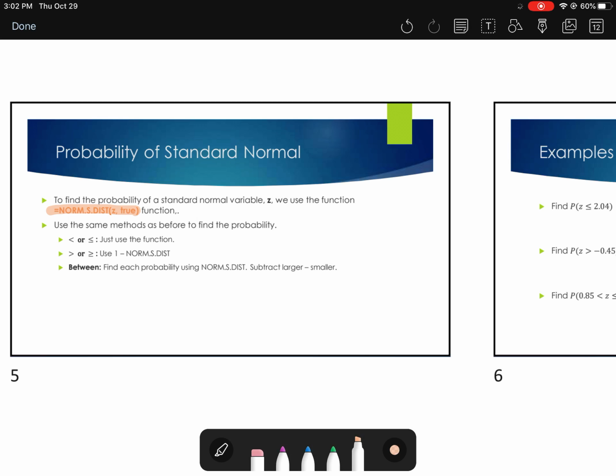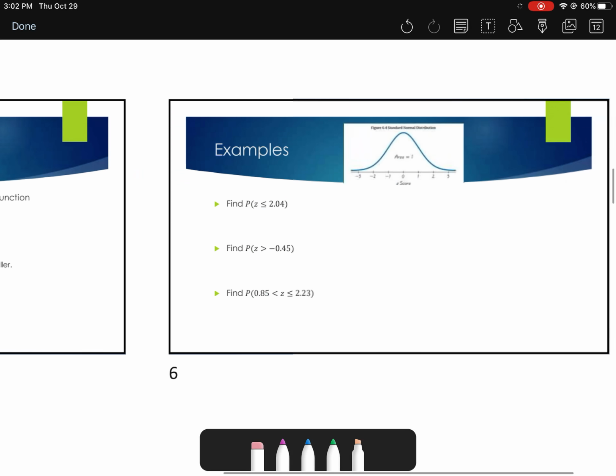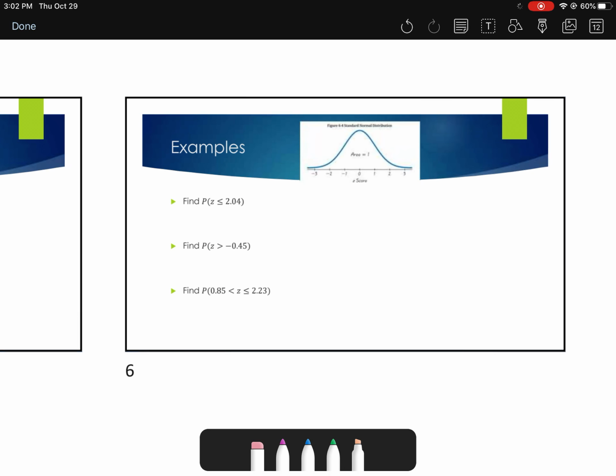If it's greater than or equal to, you're going to use 1 minus the normal distribution, and remember that is the less than. And then if it's in between, we find each probability and then we subtract the larger from the smaller. So again, it's very similar to what we did in Part 1. It's just now we're working with a z-score.